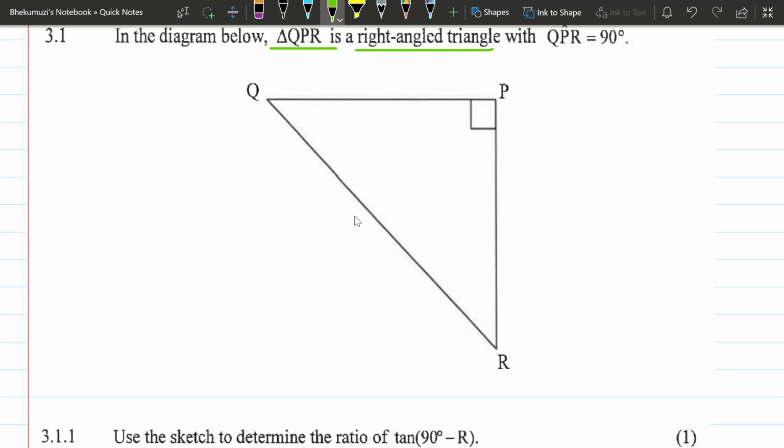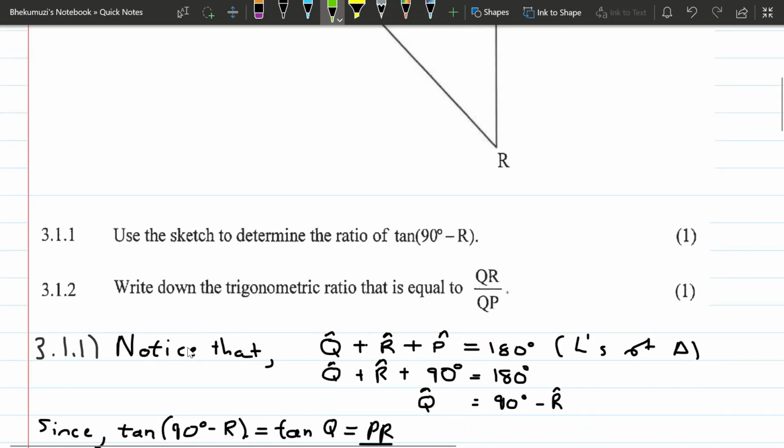So basically, we could say that angle Q plus angle R plus angle P is equal to 180 degrees, because it is the angles of a triangle. If we substitute in what P is, it is 90, and we don't know what Q and R are. What are we trying to do here? We are trying to figure out what 90 degrees minus R is.